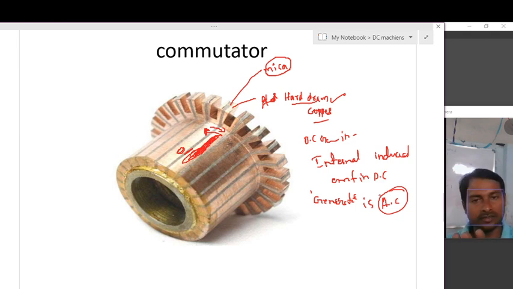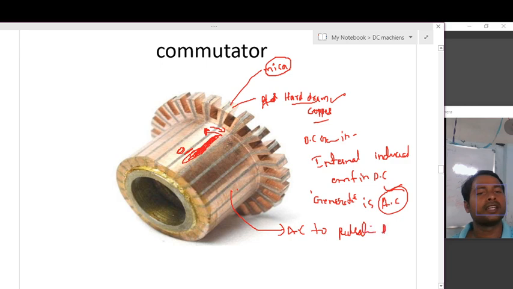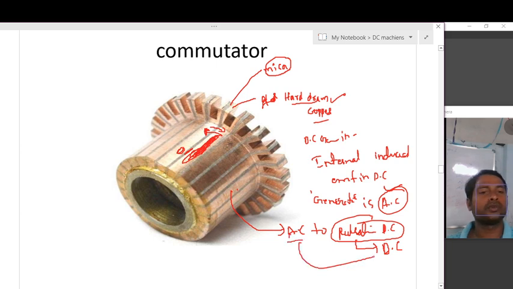It is not DC. But the commutator converts AC to pulsating DC. If you use more conductors, that will turn into pure DC. But if you use fewer conductors, it will be pulsating DC. This is the function of a commutator.